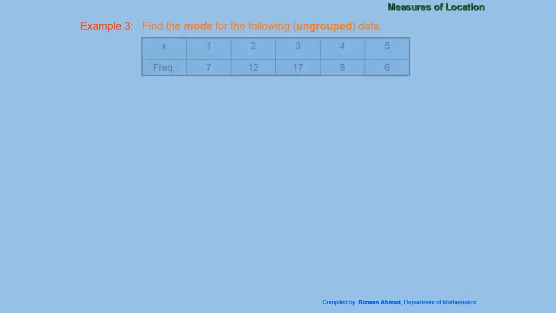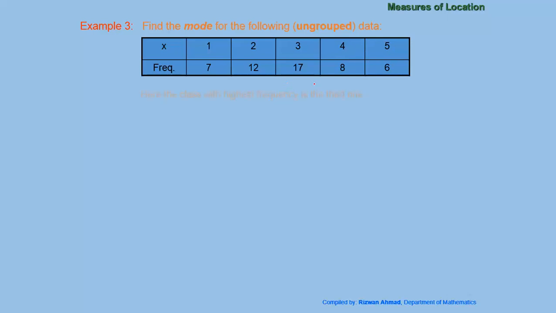Now another example. This kind of data is treated as grouped as well as ungrouped. When the class size is 1, class size means this one. So its class size is 1 here, 1, 2, 3, 4, 5. So the class width is 1. In this case, we'll see which has the highest frequency.